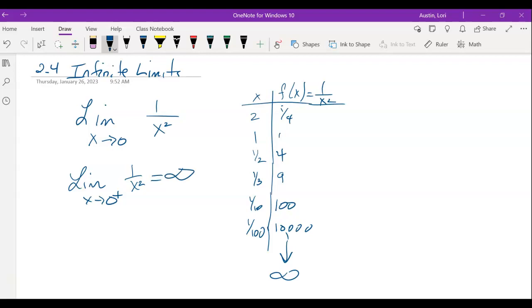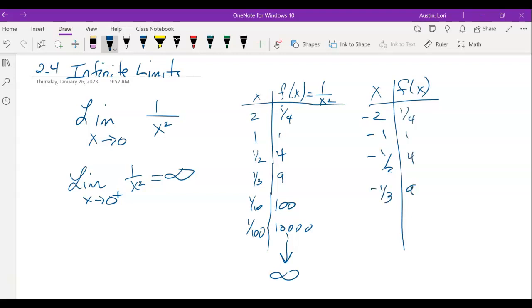Question is, is it infinity on the other side? Well, does anything change? I'm squaring it, so isn't it all going to be the same? Right? So as I approach from the left, it's still going to be 1/4, 1, 4, 9.